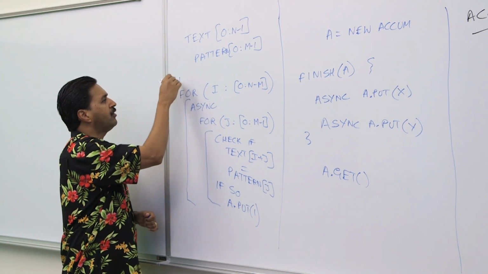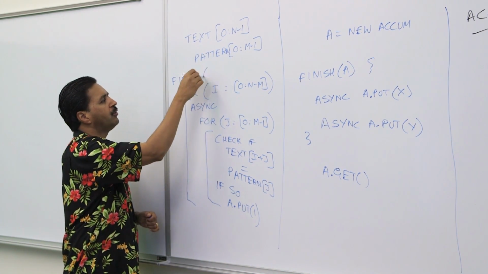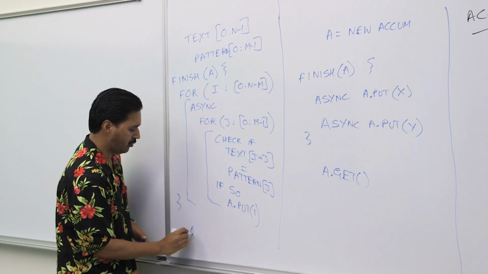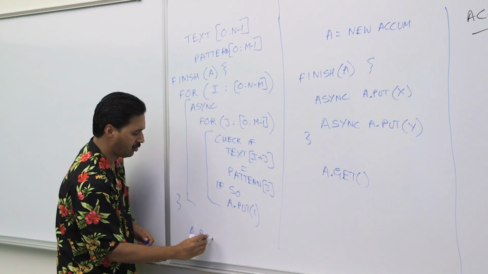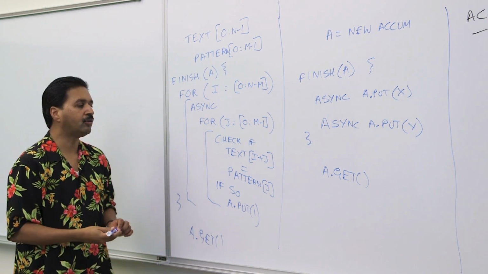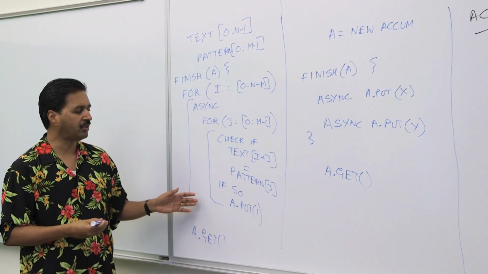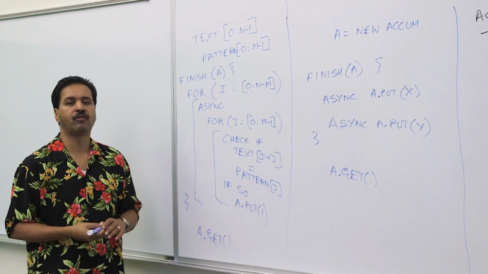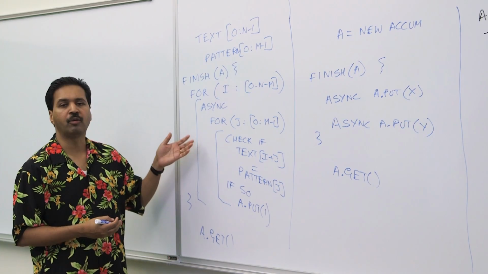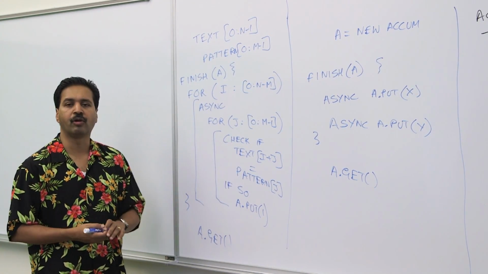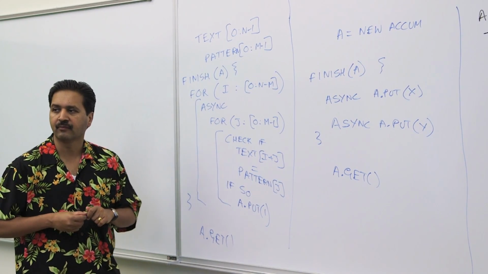And then we have a finish with the accumulator registered on the finish. And when we are done, we will get the count of all occurrences of the pattern of the text, and the answer will be the same because the accumulator is performing an operation that's commutative and associative. So regardless of the order of the puts, you will always get the final answer.